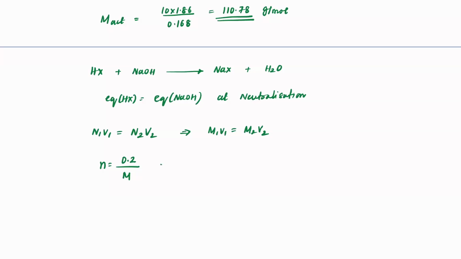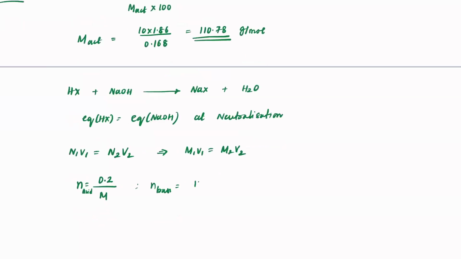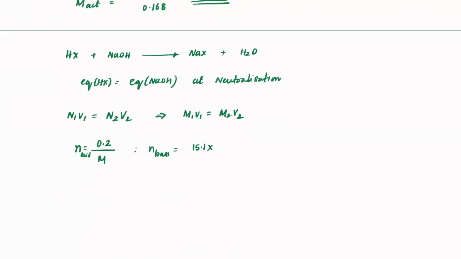And this is for acid, and see, number of moles of base will be equal to 15.1 ml into normality, which is 1 by 10. Normality and molarity are the same for this case. So these are the number of milli equivalents. Millimoles or milli equivalents, that divided by 1000 will give us number of moles of the base.